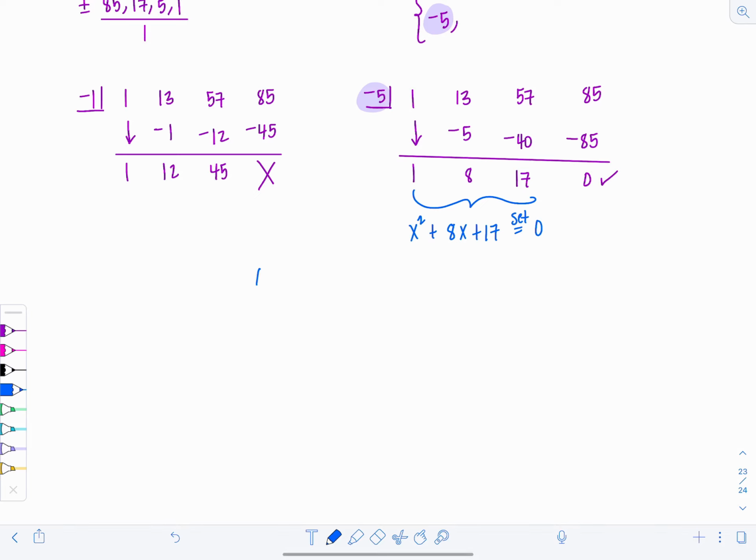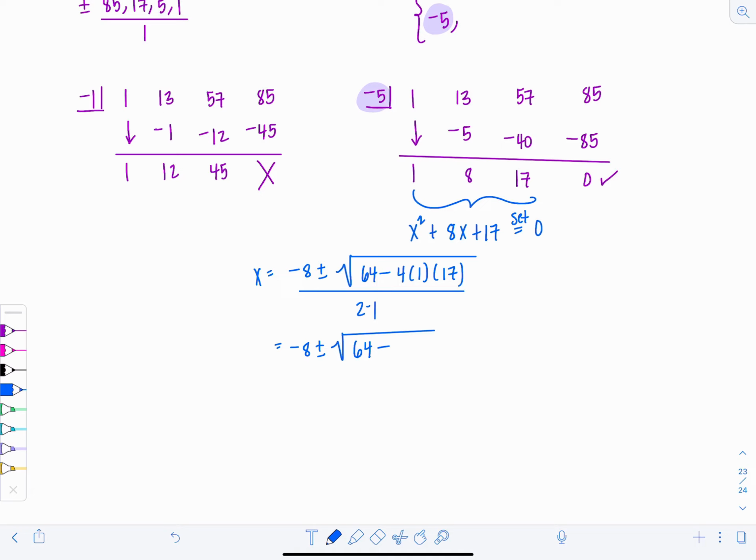Here we go. So x is going to equal opposite of b plus or minus square root of b squared minus 4ac all over 2. So this is negative 8 plus or minus square root of 64 minus 4 times 1 times 17, that's 68, over 2.